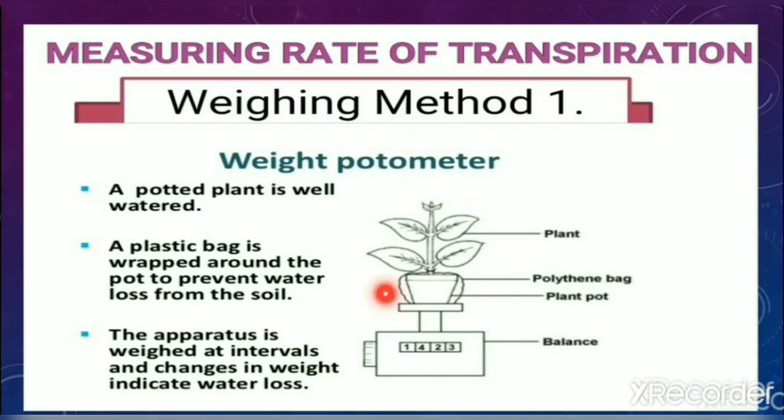Then we will weigh this apparatus and note down its weight. Then we will keep that apparatus in sunlight once again, and after 1 or 2 hours we will note the difference in the weight, and it is considered that this difference will be due to the loss of water only through transpiration.